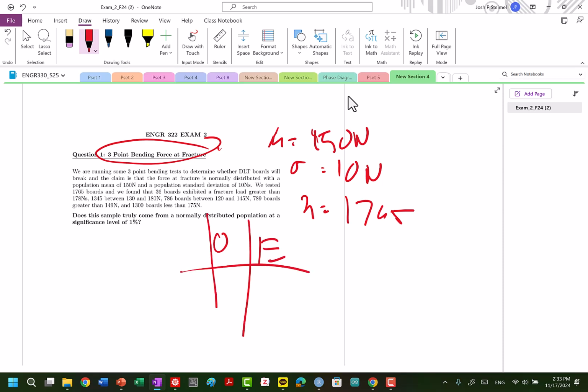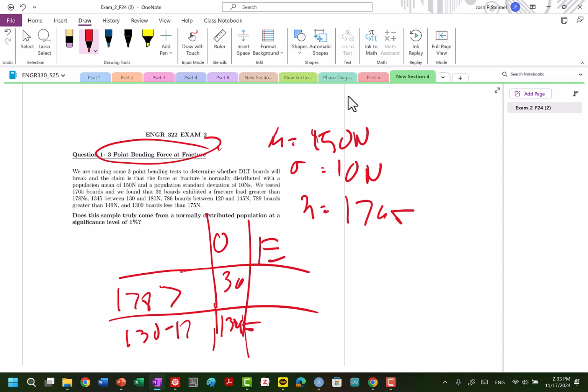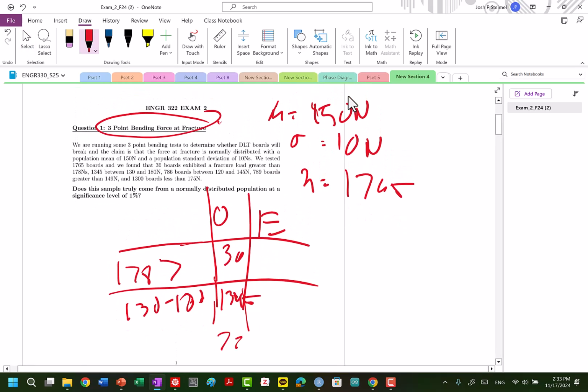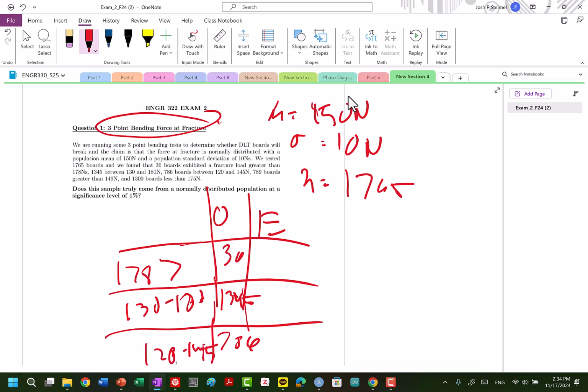So we observed 36 greater than 178. So we also found 3,145 between 130 and 180. Let's scroll down a little bit here. 786 is going to be between 120 and 145.